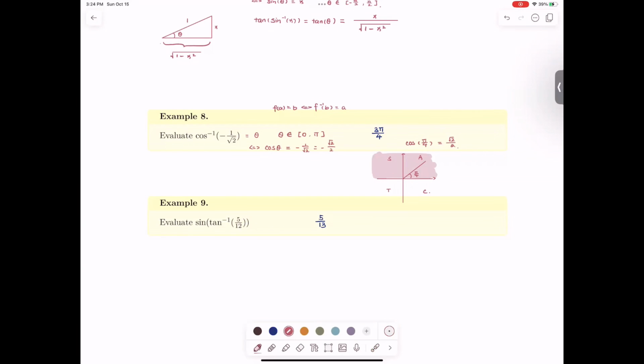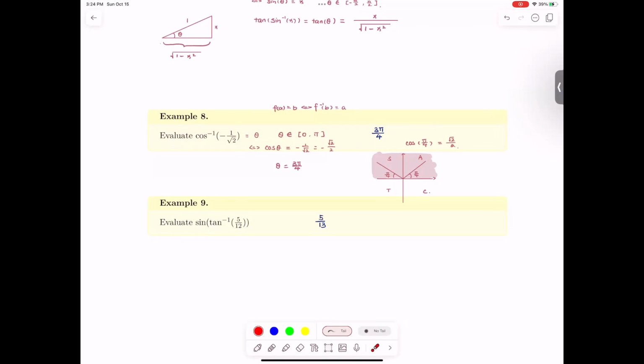So which angle in here will have the same absolute value as this? It's when you are pi over 4 away from pi. When you are pi over 4 away from pi, they have the same value, just different sign. So because of this, we know that theta is 3 pi over 4. Why? It's just pi minus pi over 4.